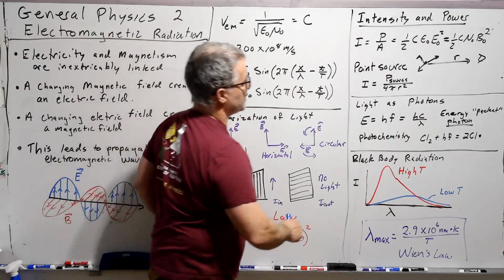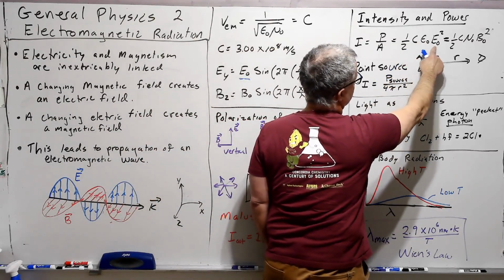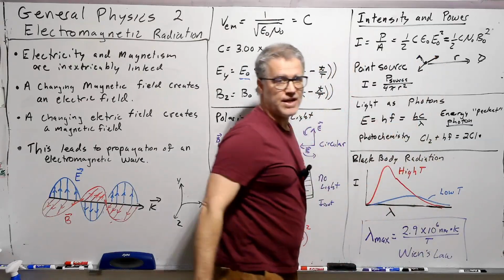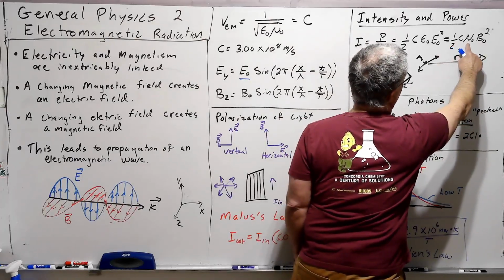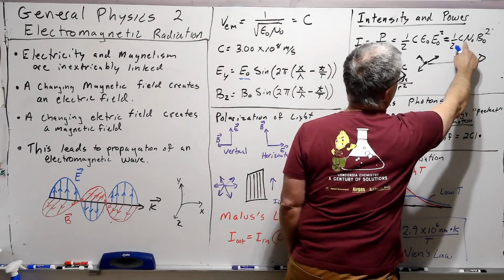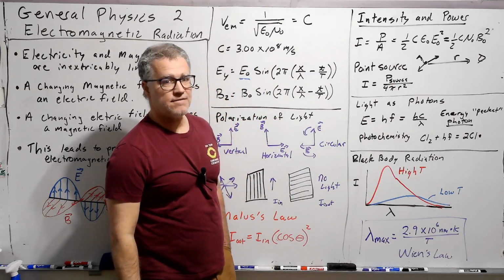Just some constants here: the speed of light, the permittivity of free space, and the electric field strength. Or you can get it from the magnetic field: the speed of light, the permeability of free space, and the magnitude of the magnetic field.